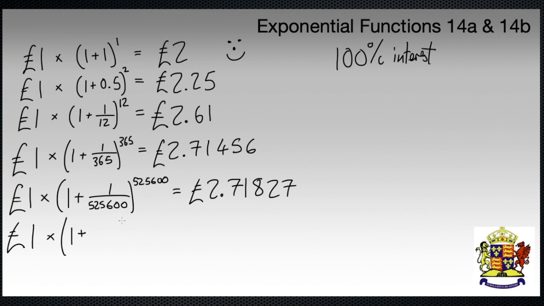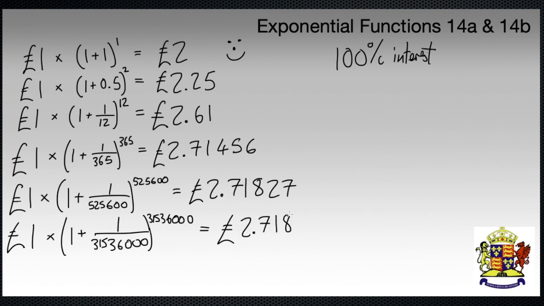So that's 1 times 1 plus 1 over 31,536,000, to the power of that same number. Essentially what I'm saying is every second you get that fraction of 100% interest.